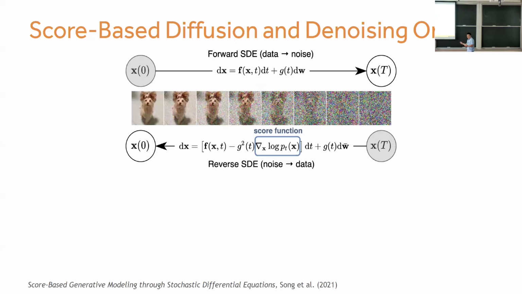The goal of score-based diffusion is to reverse this process in the distribution sense, such that you can start from the Gaussian noise distribution and finally end up with X_0, which gives you the clean data distribution of your interest. In this reverse process, the key quantity is called the score function.